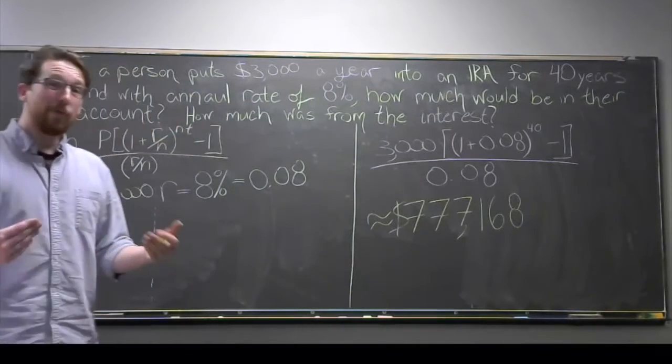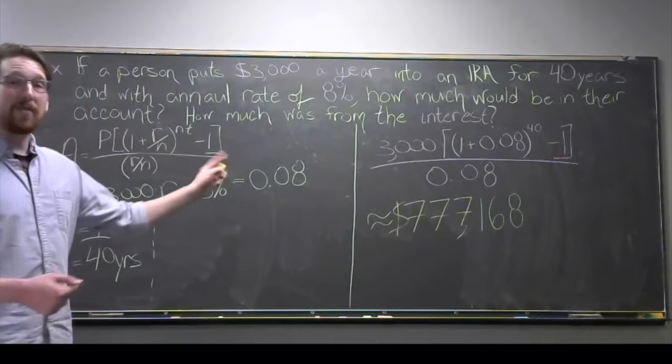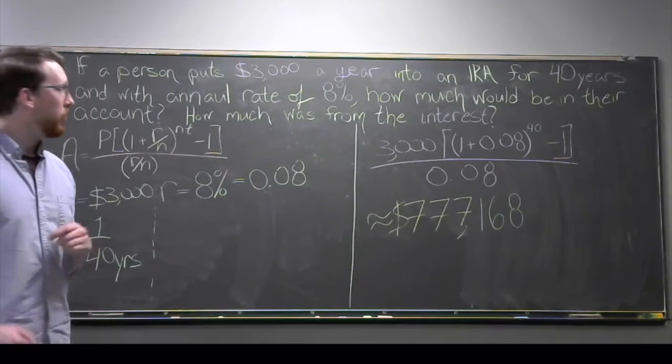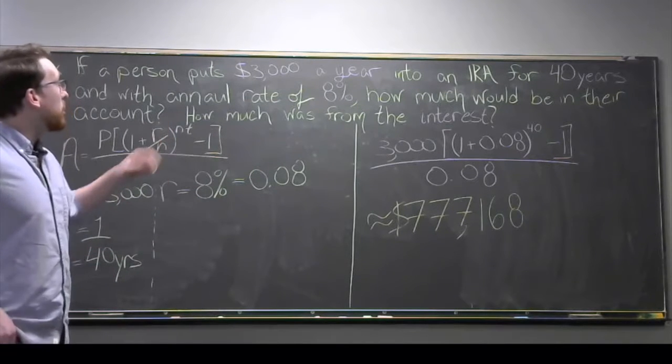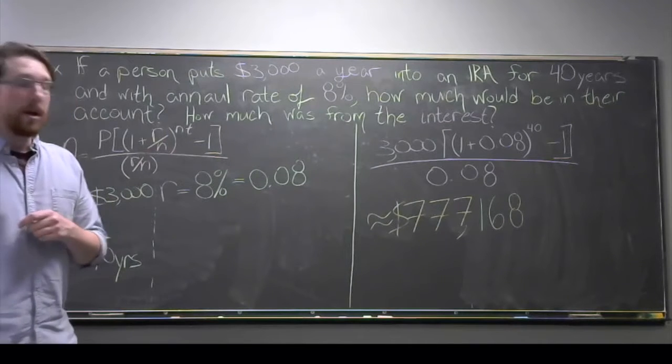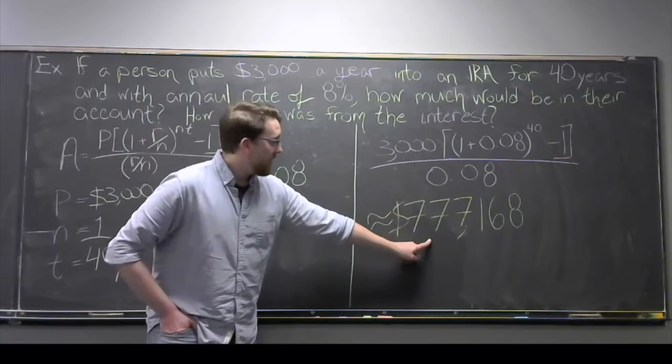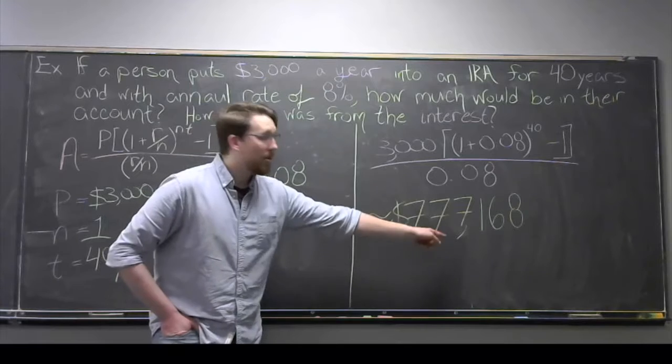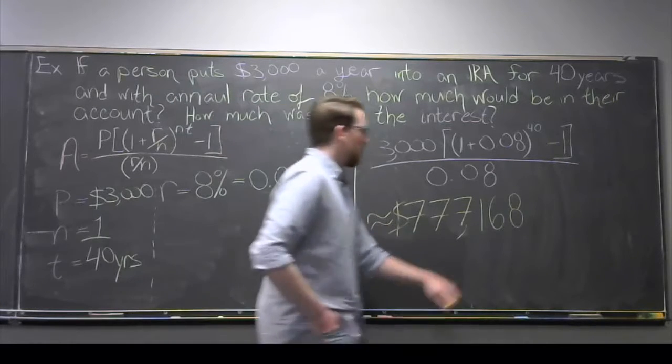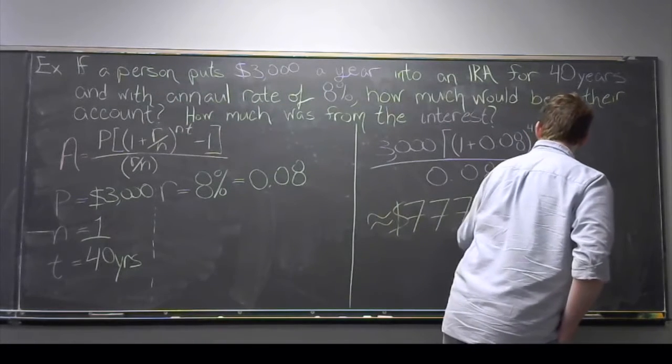So at the end of these 40 years, paying $3,000 a year, this person's IRA has $777,168. My mistake, 169. Apologies.